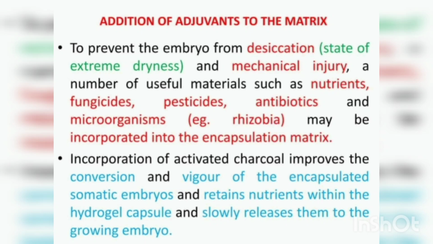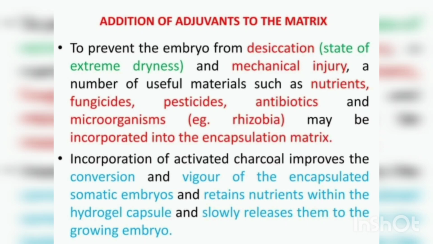Even activated charcoal can be provided. Activated charcoal improves the conversion and vigor of the encapsulated somatic embryos, and it retains the nutrients within the hydrogel capsule and slowly releases them to the growing embryo. So these are the adjuvants.